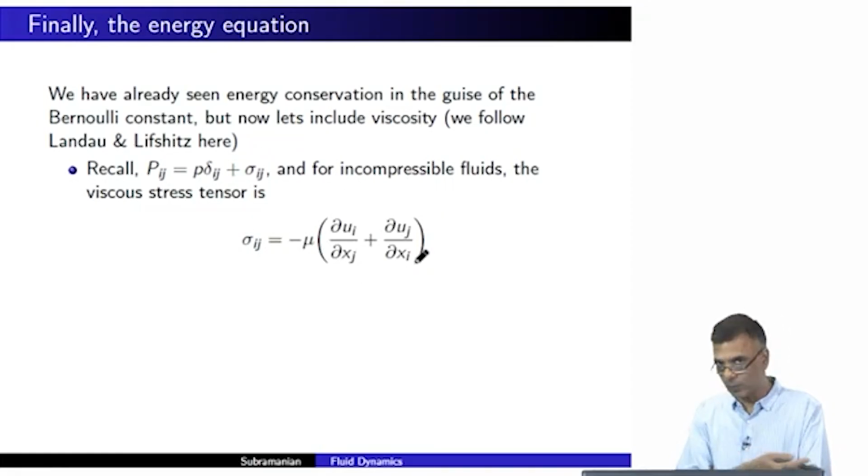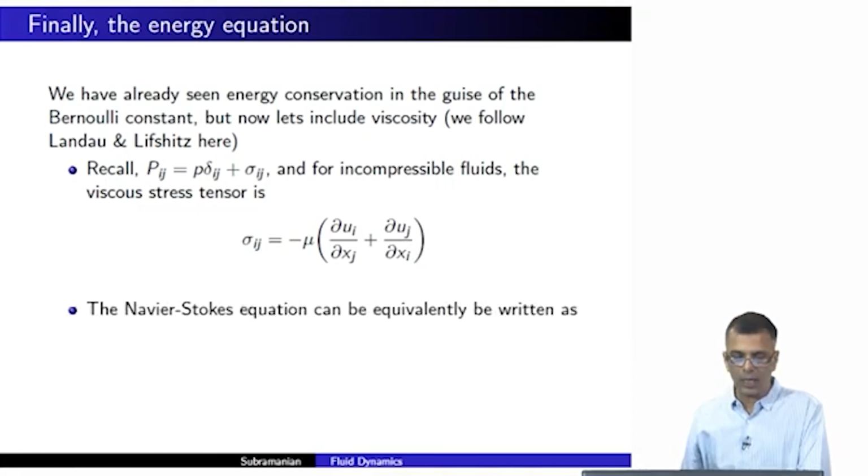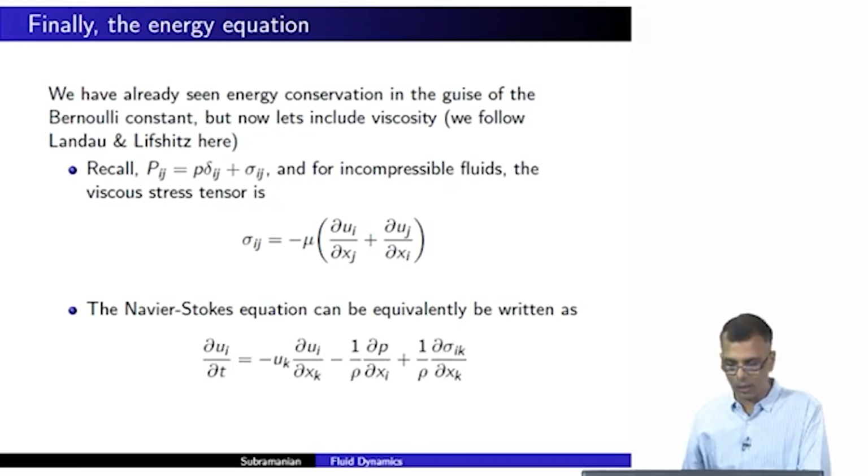Yeah, this is what we did in the previous slides. And the Navier-Stokes equation, which we wrote down, can equivalently be written as this. Yeah. So what we've done is we've divided by the density throughout, and it's really the same thing.